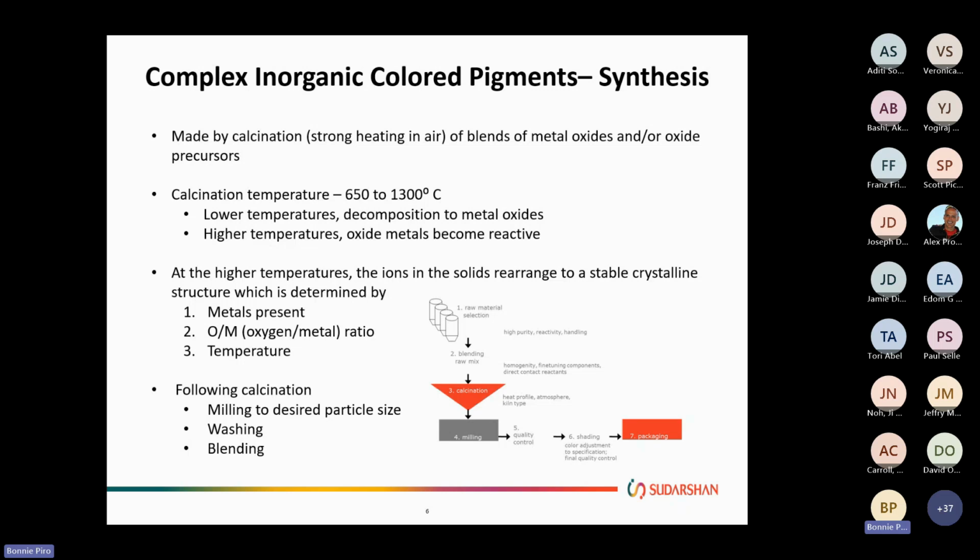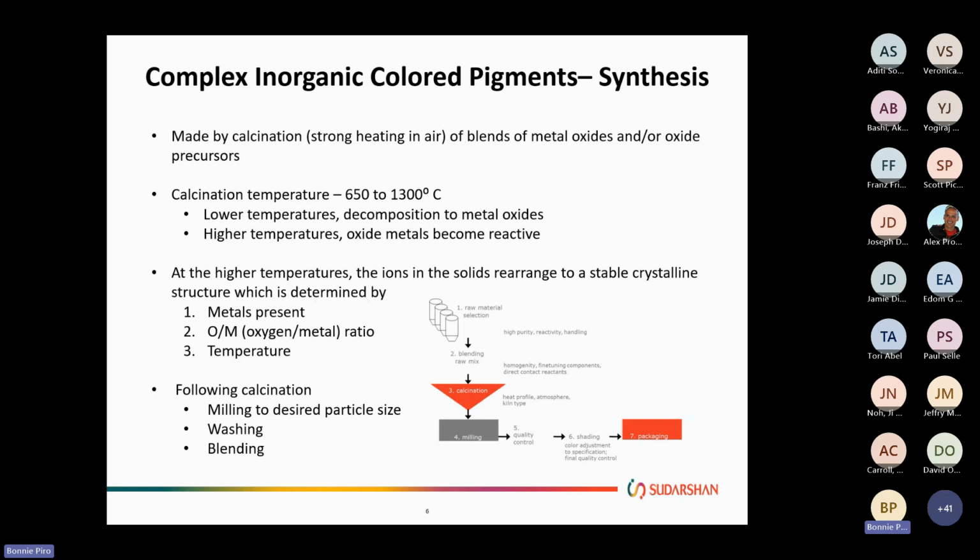The temperatures are very high. They start out on the low end, if you could call it low, at 650 degrees C, and they ramp up to 1300 degrees C.